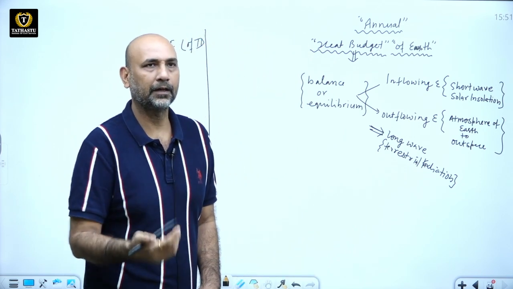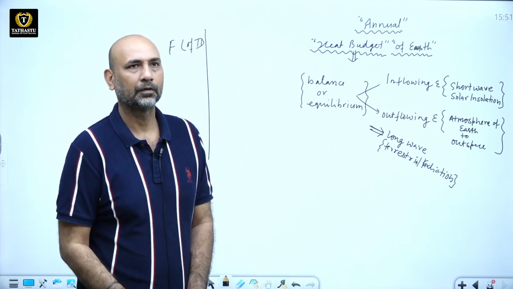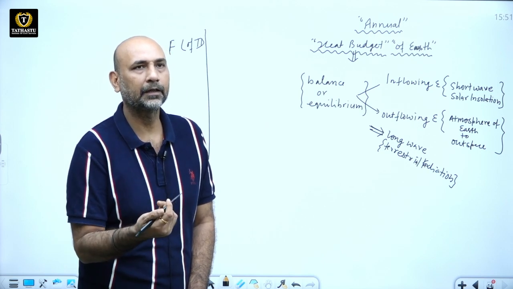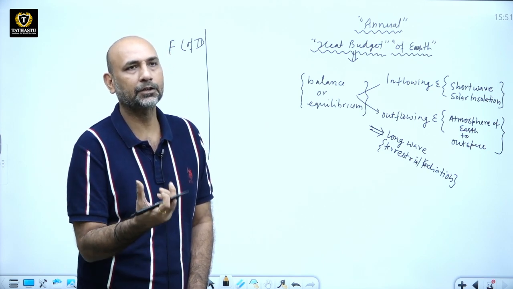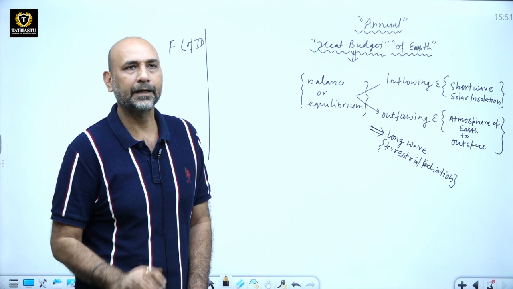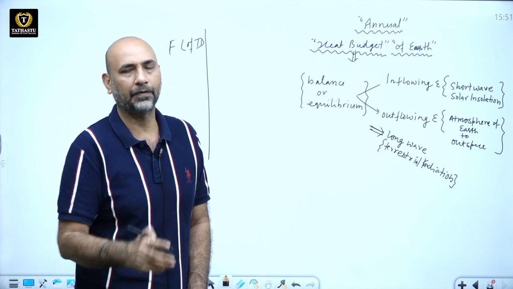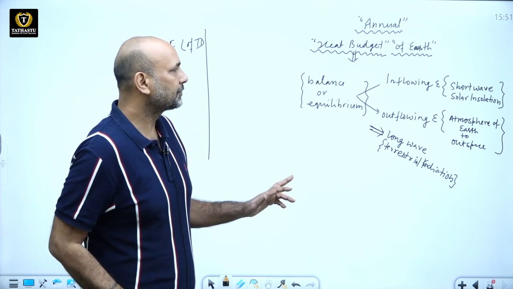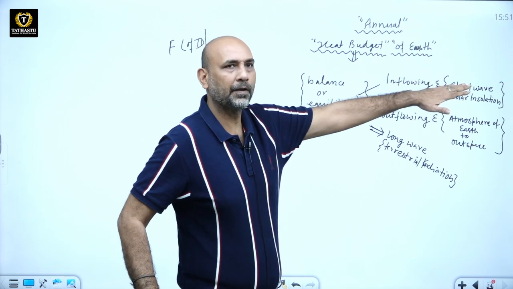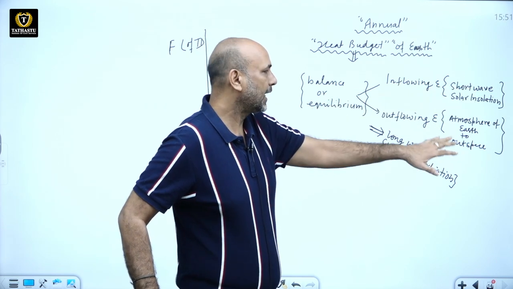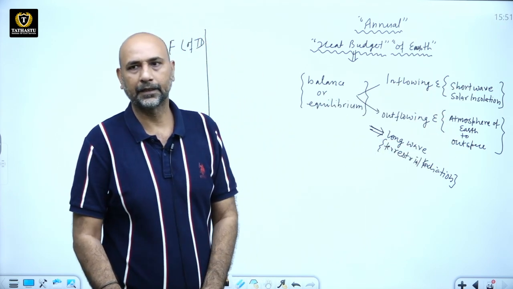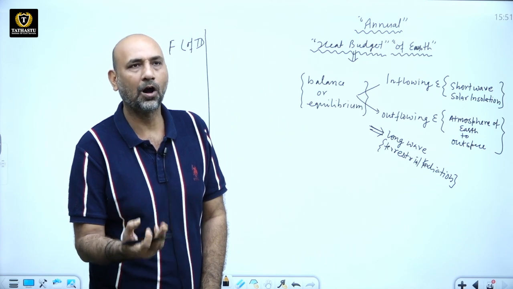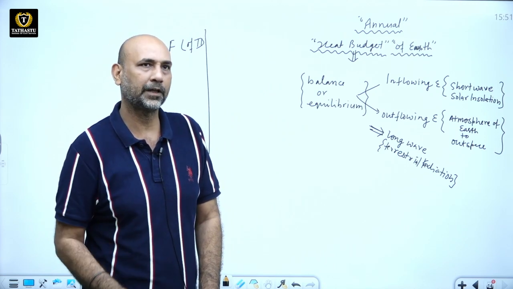Radiation generated by Earth through heating by incoming solar insolation is called terrestrial radiation. That is going to be in form of longer wavelength. So these two terms are important: inflowing short wave solar insolation and outflowing terrestrial radiation, which is in form of longer wavelength, must be on your tips.